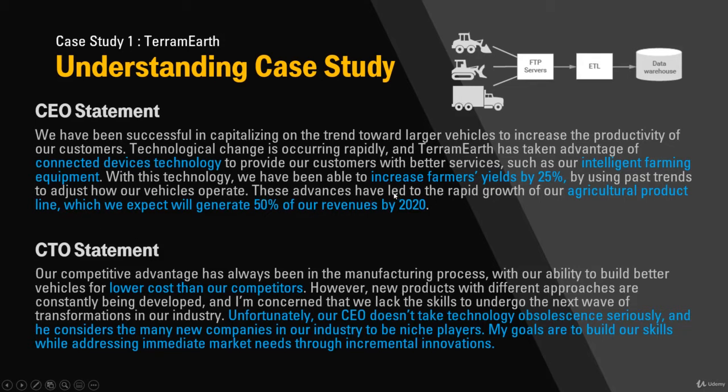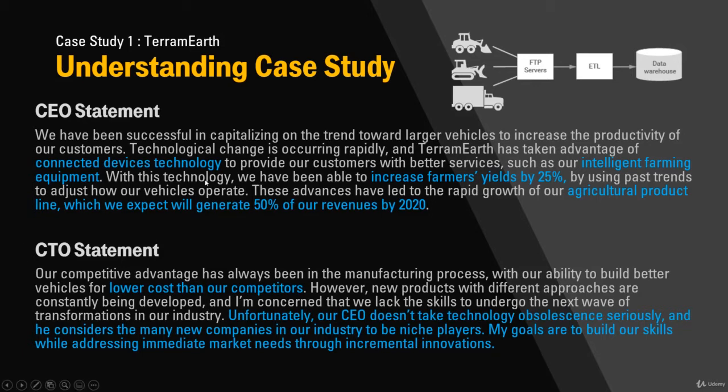These advances have led to the rapid growth of our agriculture product line, which we expect to generate around 50% of revenue by 2020. This is one example wherein they are saying that the current contribution is 20%, and they are expecting it to grow to 50% by 2020. I think Google may have changed this year as well to 2022 or something like that, because this has been there for 3 years now.